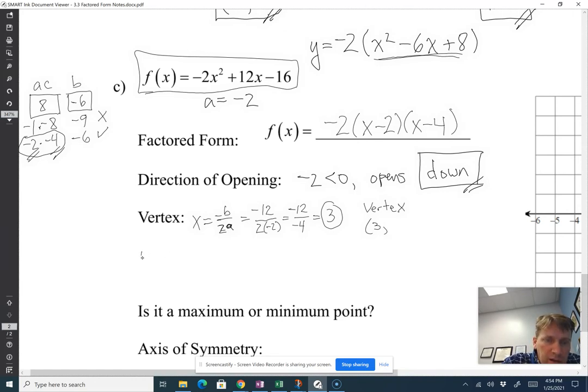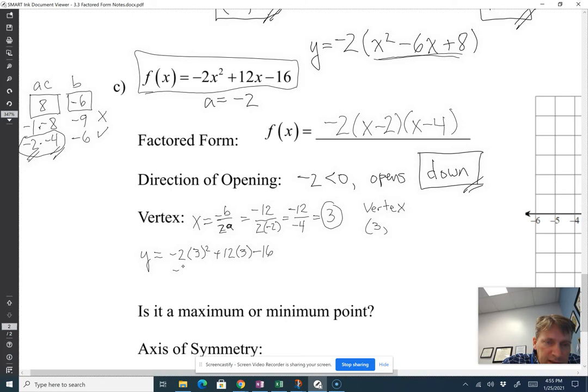And for my y value, I'm going to put y equals negative 2 times the value we just found, 3 squared, plus 12 times the value 3 minus 16.